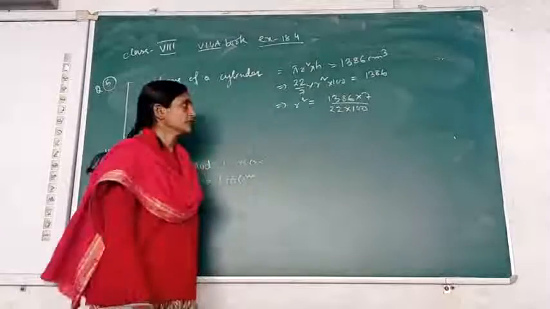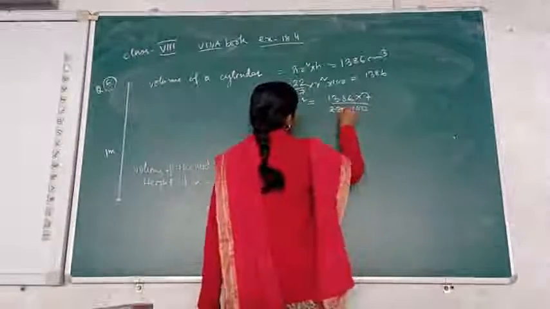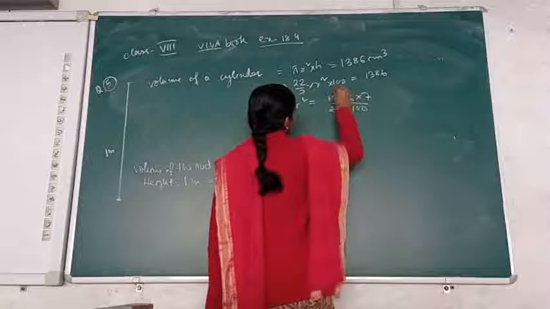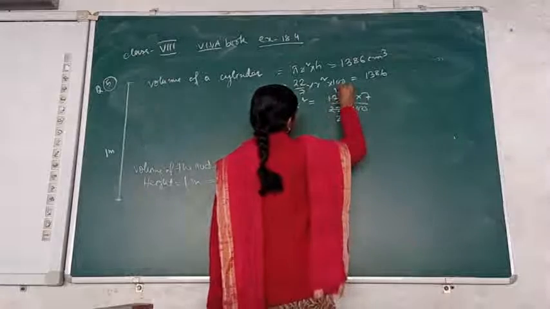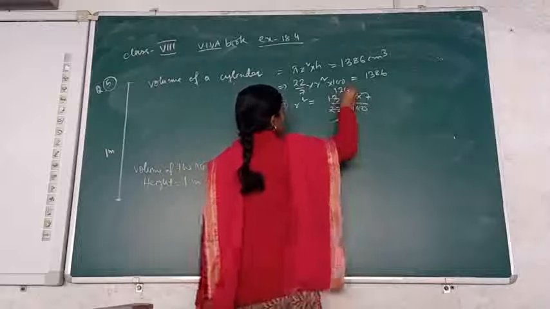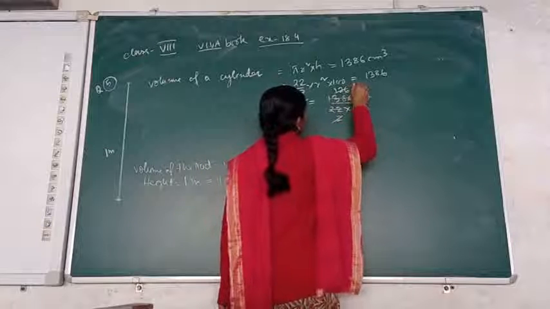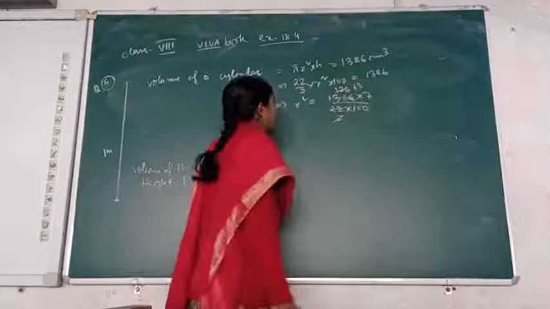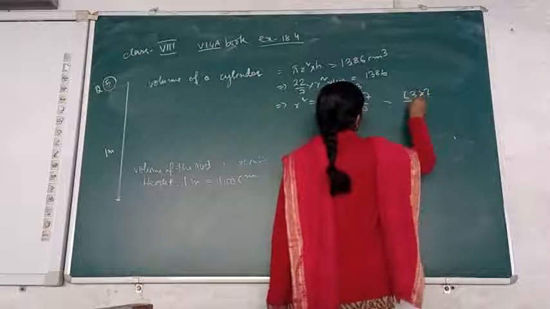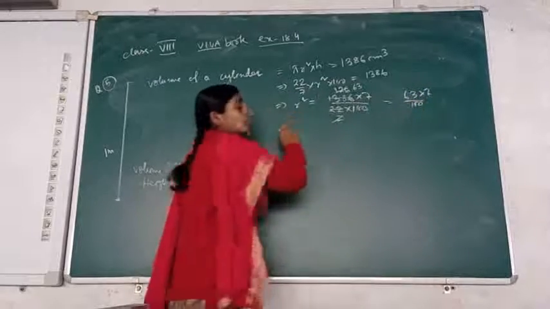Let's try to cancel them. What will we get? 11 2s are 22, 11 6s are 66, so again 2 6s are 12, 3 3s are 9. So we are getting 63 into 7 by 100. That is the value of r square.